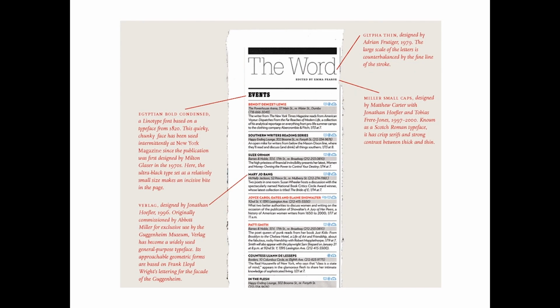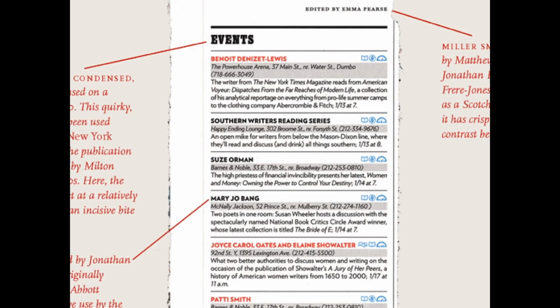And this is the last example from the New York Times, and it's a very content-intensive page, and it mixes 4 different font families from all over history. There's an Egyptian bold condensed, I think the word events, yeah, that's the word events. You can see it better here.